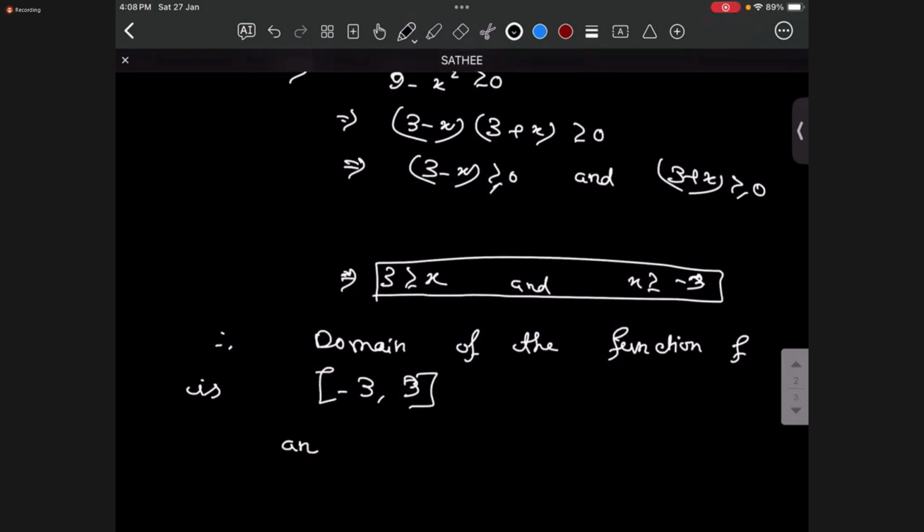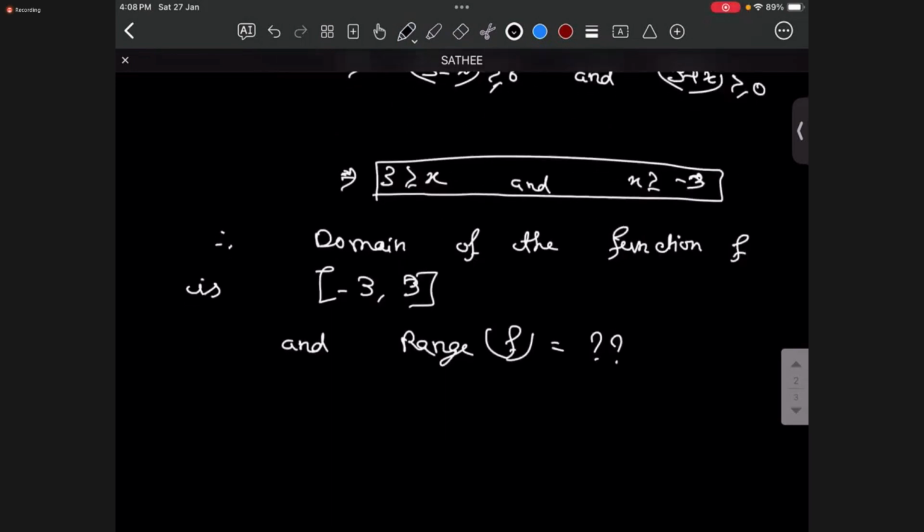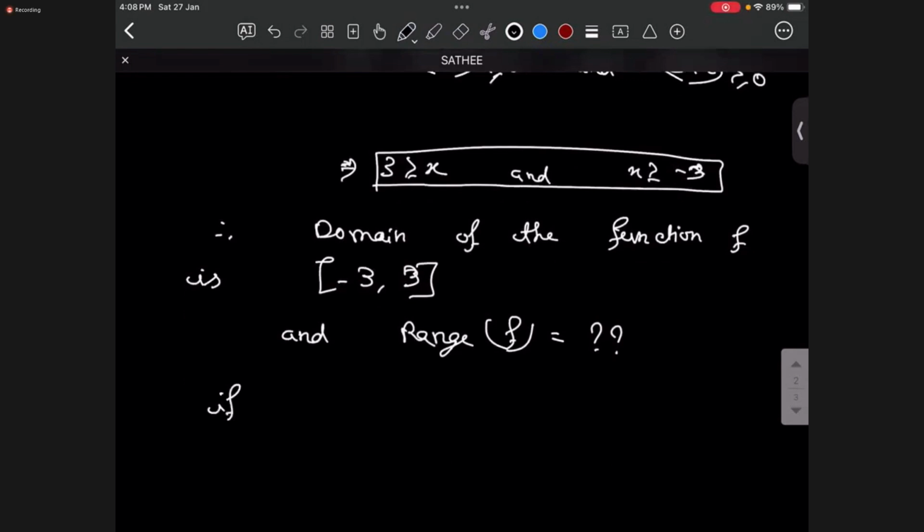And what about the range? Range of f. So whenever x belongs to this range, if x belongs to this range, then what will be the values of f of x? So check this in some different way.